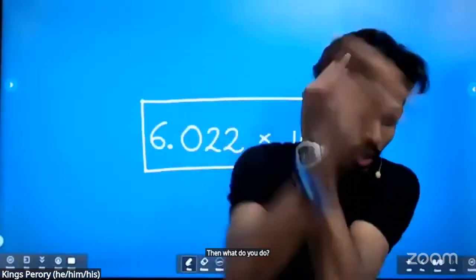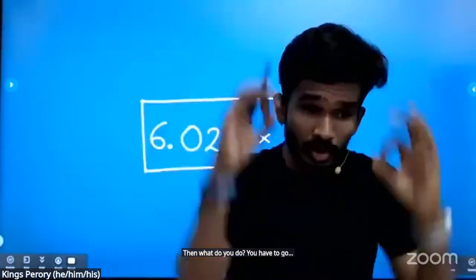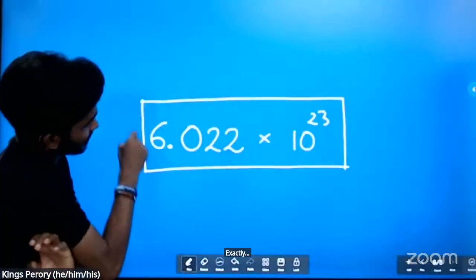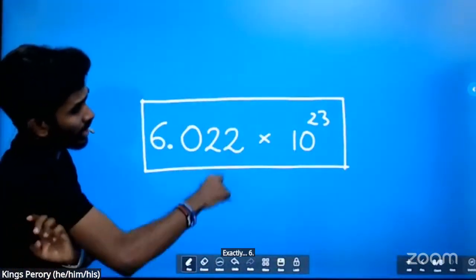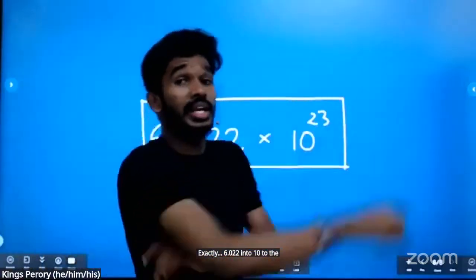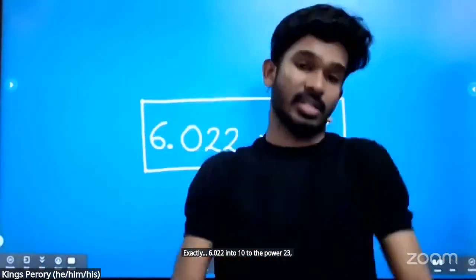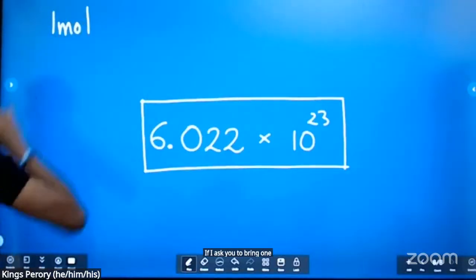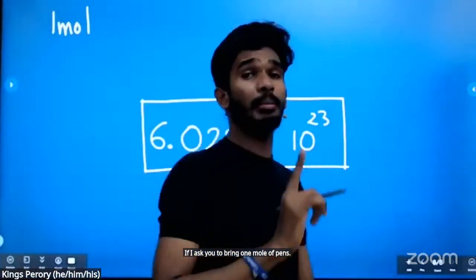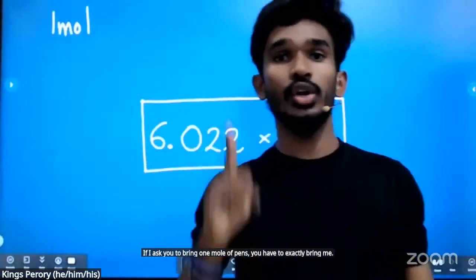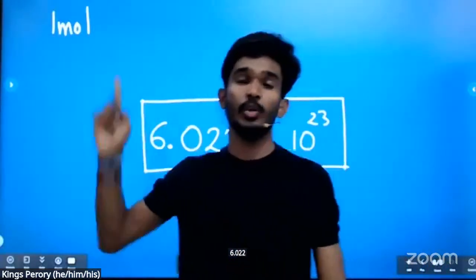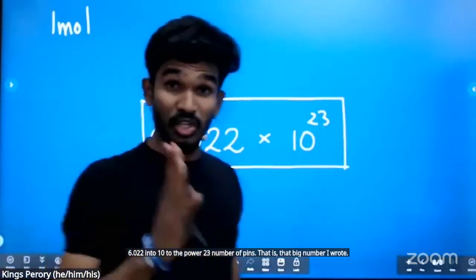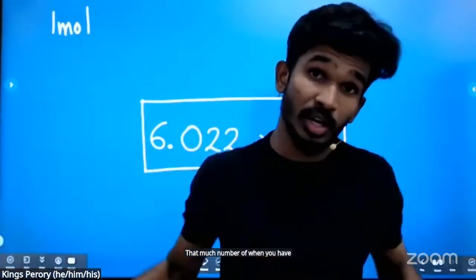You have to go and count exactly 6.022 into 10 to the power 23 number of pens. If I ask you to bring 1 mole of pens, you have to bring me exactly 6.022 into 10 to the power 23 pens. That is that big number I wrote. That many pens, you have to slowly sit and put in a container and bring me.